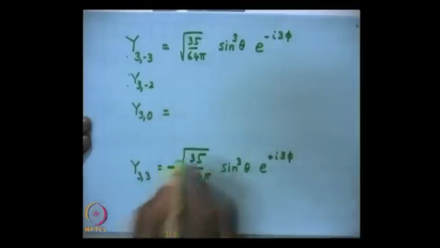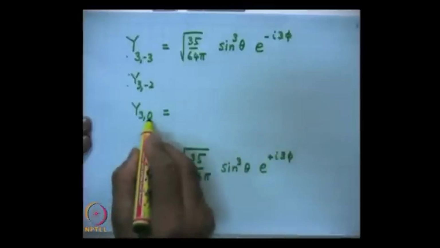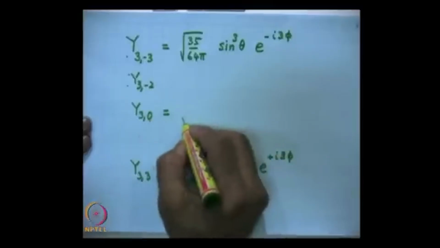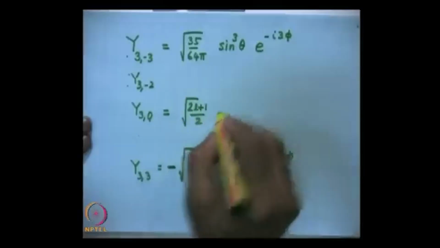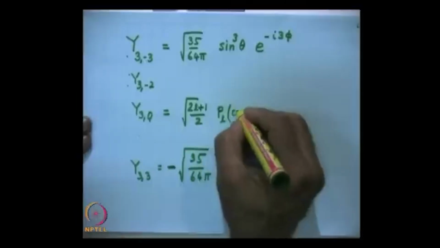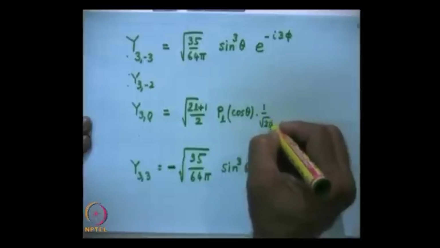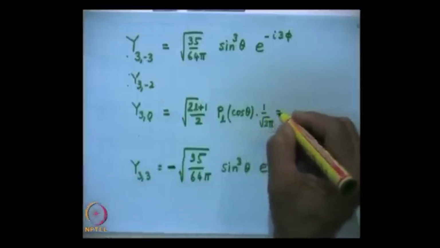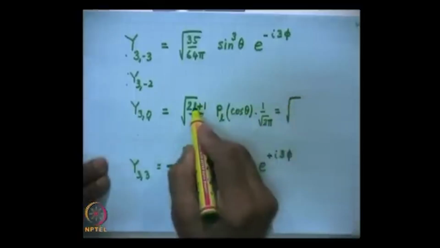And if you use the L plus, then what you will get is, here you will get for m is equal to 0, this will be the square root of (2l plus 1) by 2, it will come out P_L of cos theta, multiplied by 1 over root 2 pi, and this in this particular case will come out to be, under root, L is 3.